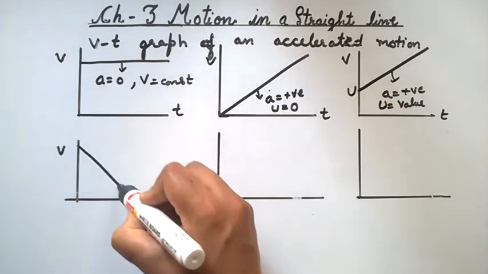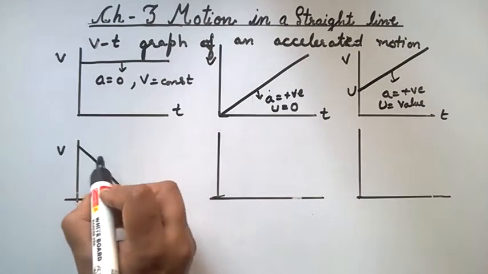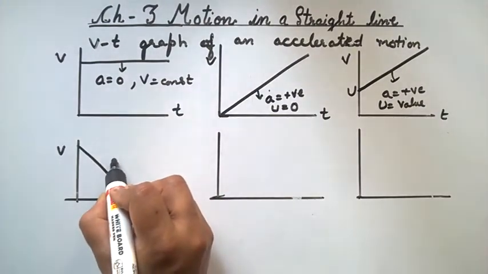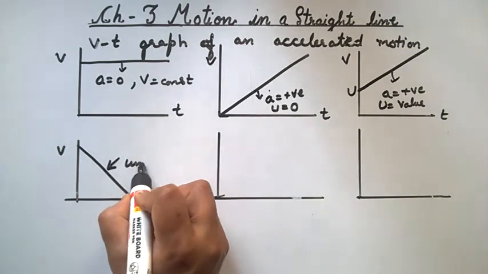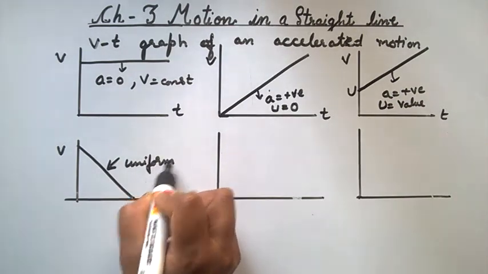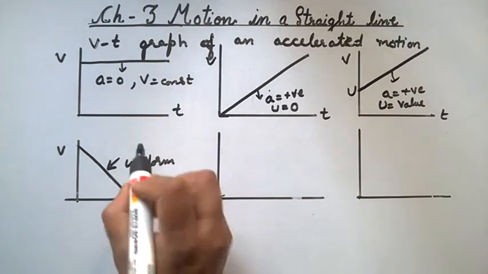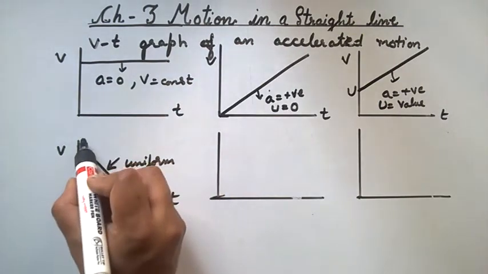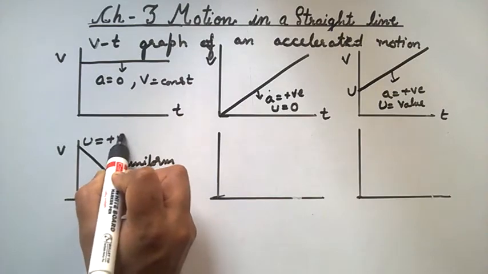When the body has some positive initial velocity and negative acceleration, that is retarding motion, uniform negative acceleration, and here u is positive.